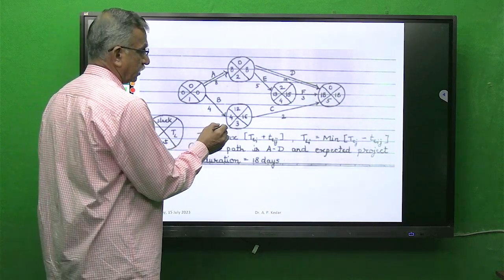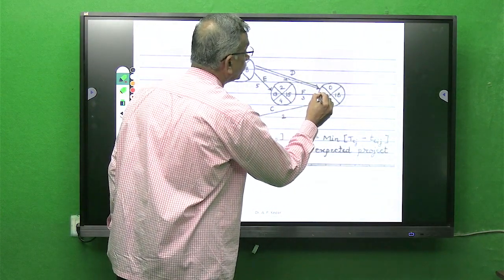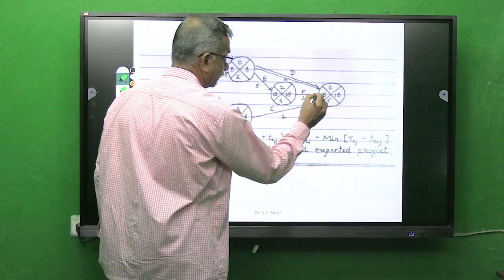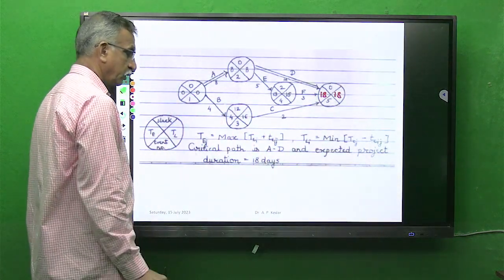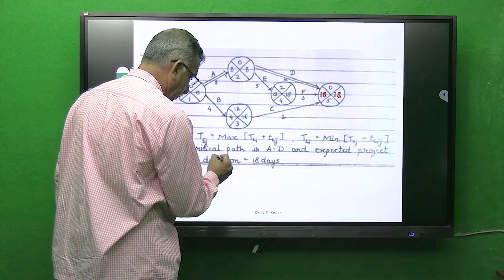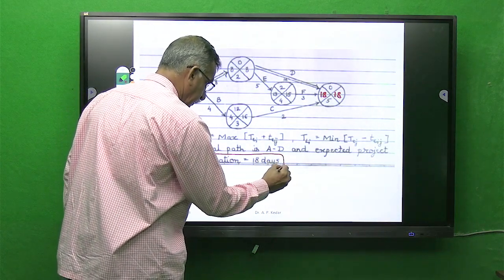Now here we can see these values, 18 and this is also 18, which means the completion time for this project is 18 days.